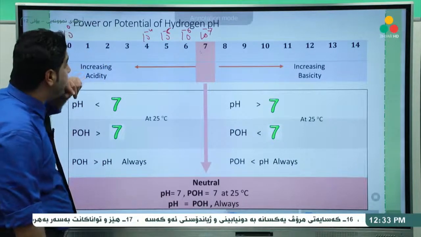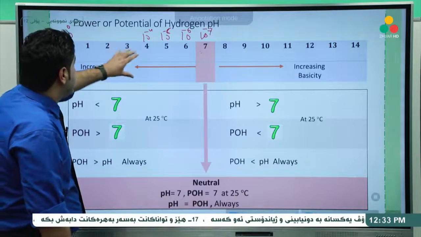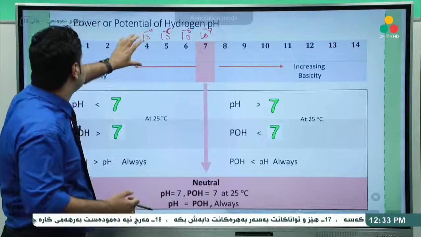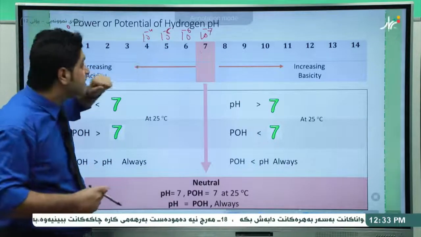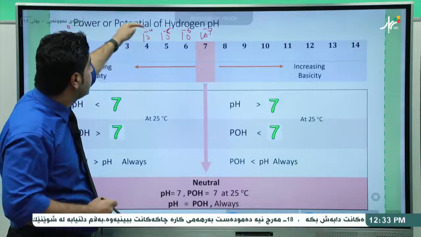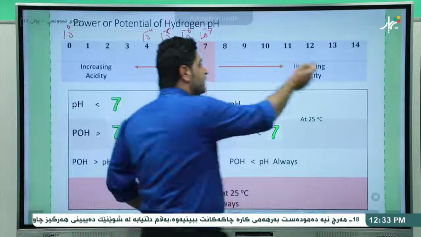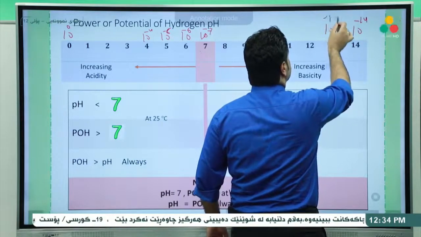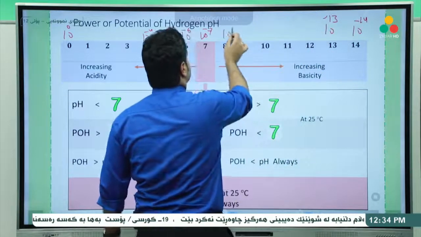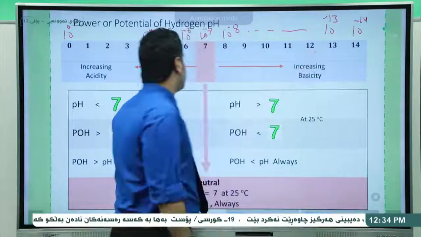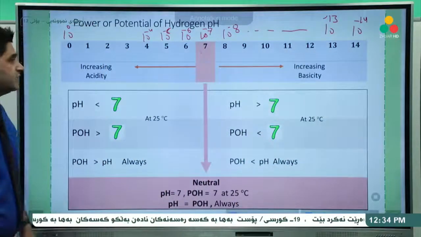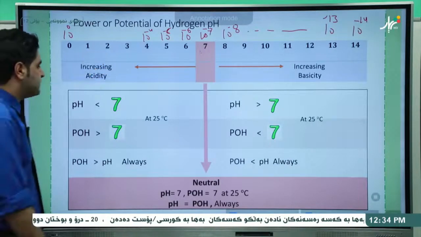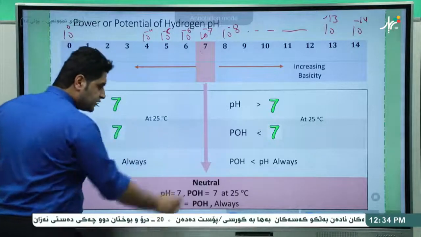Oh, teacher, we know that it came from the previous scale, which is about the hydronium ion concentration. So there is a relationship between them, which is a logarithmic relationship. Even if there was 10 to the negative 40, 10 to the negative 30, or 10 to the negative 8, we have the same thing for all. Now, if we have any question about the pH, why do we get pH 7 for neutral solutions?